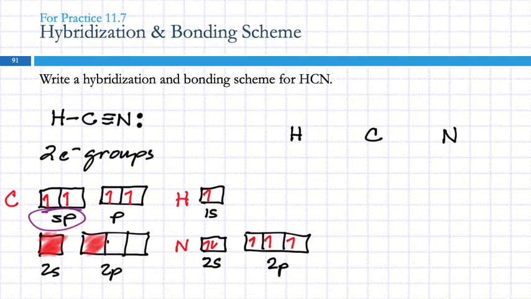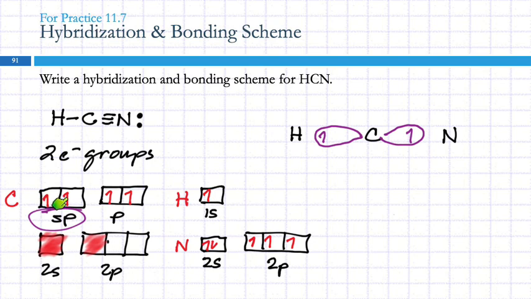So carbon is using sp hybridization, so I'm going to draw those hybrid orbitals first. There'll be 1 in this direction and 1 in that direction, because that's what 2 balloons do. They make a linear shape. Each of these is half filled. What else does carbon have going on?